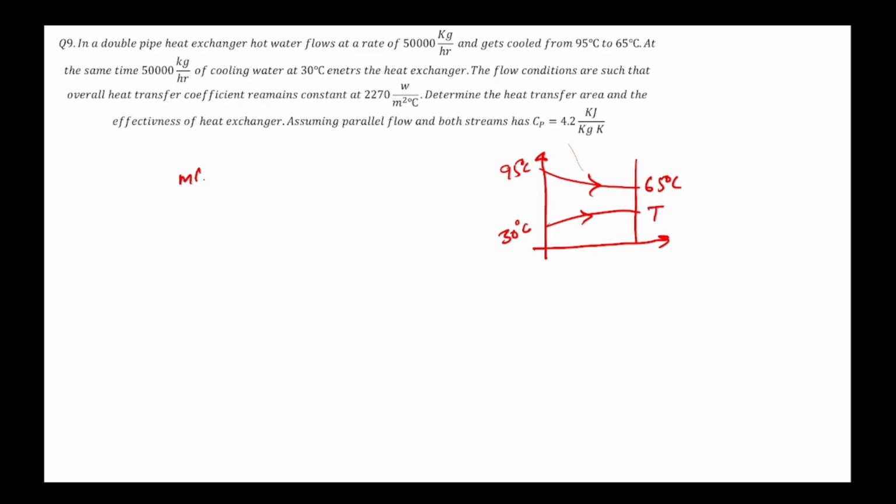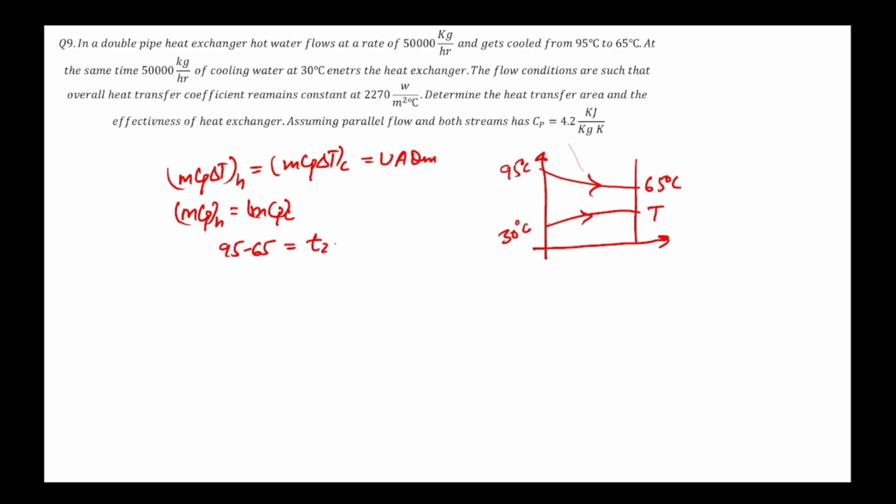So mCp delta T of the hot fluid, heat lost by the hot fluid, equals mCp delta T of the cold fluid, heat gained by the cold fluid, which is equal to UA theta m. Since mCp of the hot fluid is equal to mCp of the cold fluid, 95 minus 65 is equal to T2 minus 30.